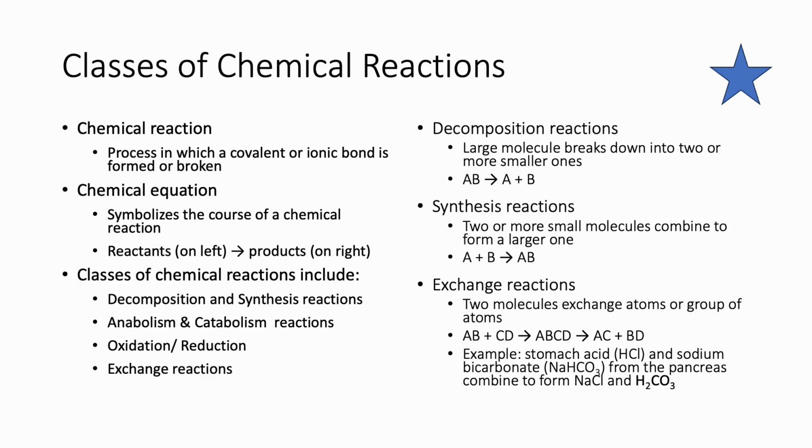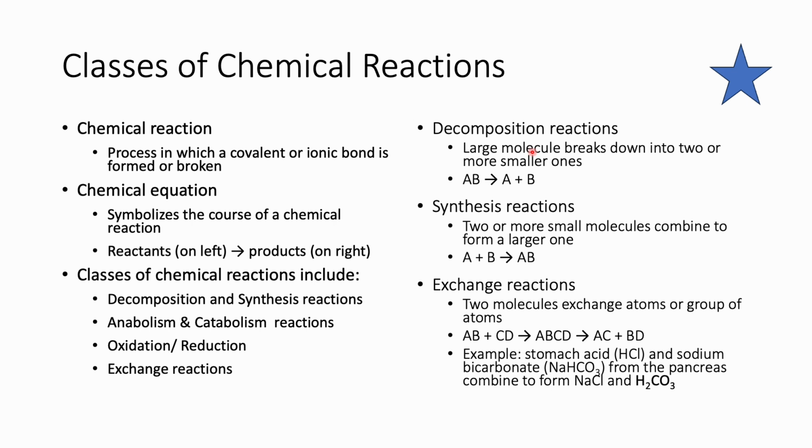All right. Let's go through some chemical reactions. First off, we have different classes of them: decomposition and synthesis, anabolism and catabolism, oxidation and reduction, and they also have exchange reactions. Decomposition reactions are where large molecules are broken down into two or more smaller ones.